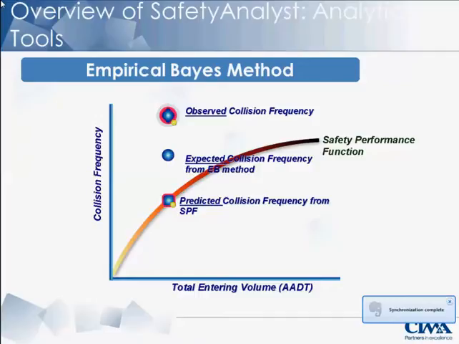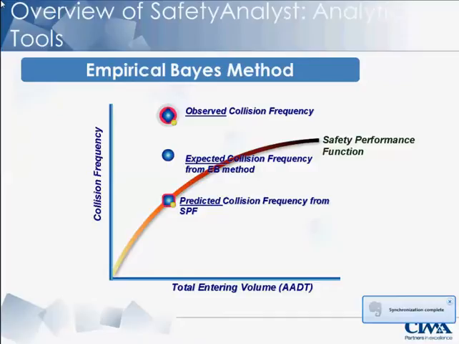Its particular geometries, or it's the drivers that are using that, the area that the location is operating, right? So you have the observed, because for any reason you might have an observed number of collisions for that particular intersection over here or over here, right?